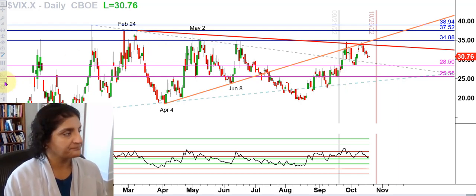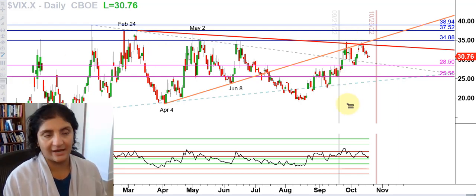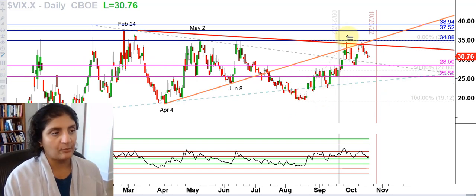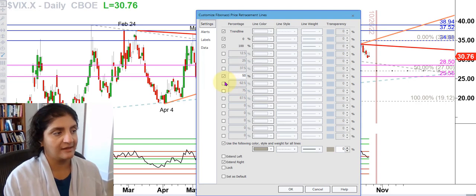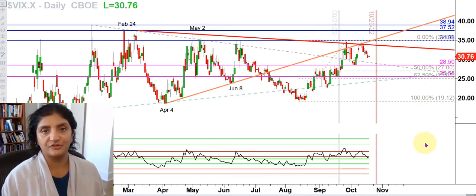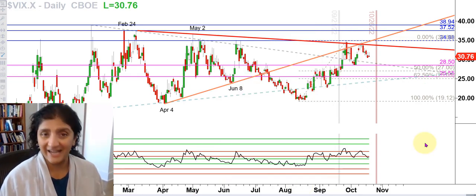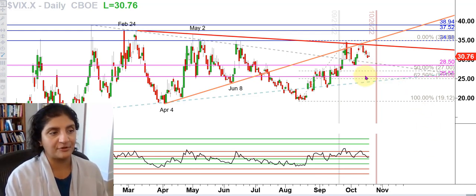For example, if we continue to come down off this 34.88 high and we use a retracement tool. So I use retracements the way Gann did, in terms of looking at the division of a price range into eighths, not just into Fibonacci numbers. And you can see that there's this amazing zone, okay? 50% to 62.5%.